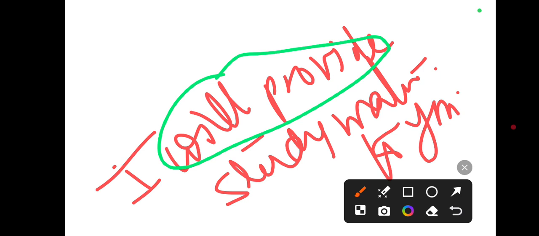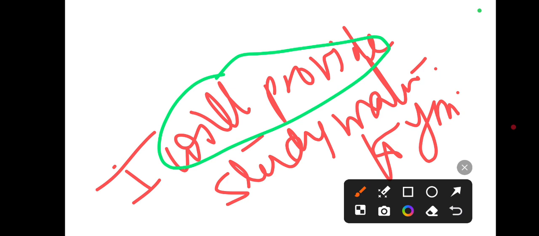Now mind you, using will or shall, don't bother about singular or plural. We don't have to bother about the number of the subject, because will or shall are used for both.